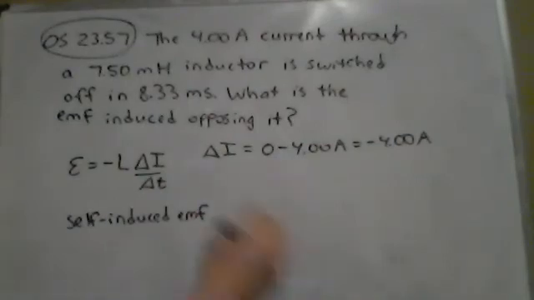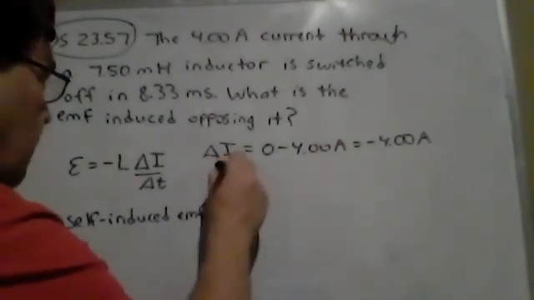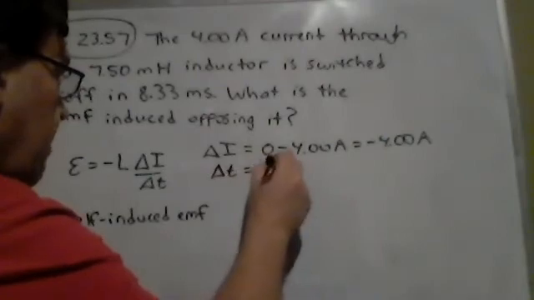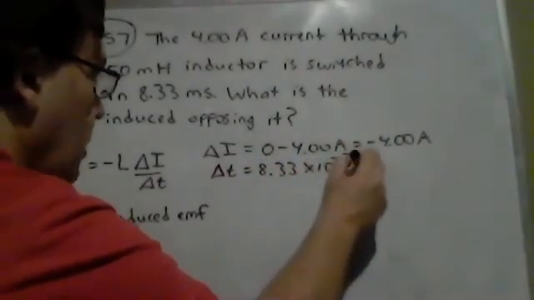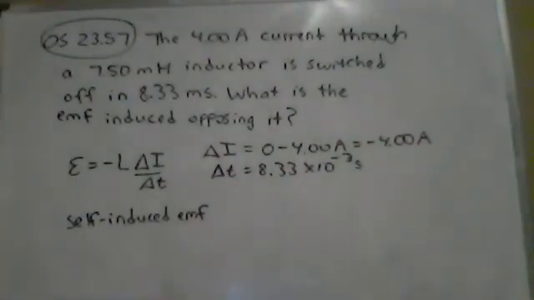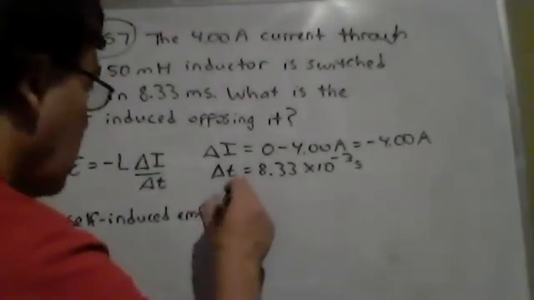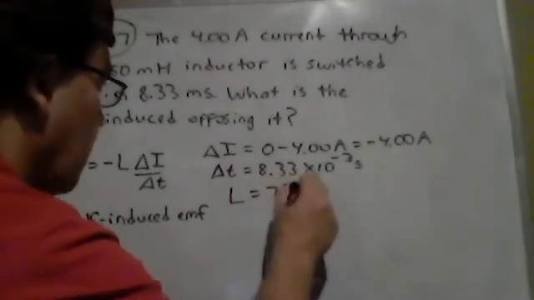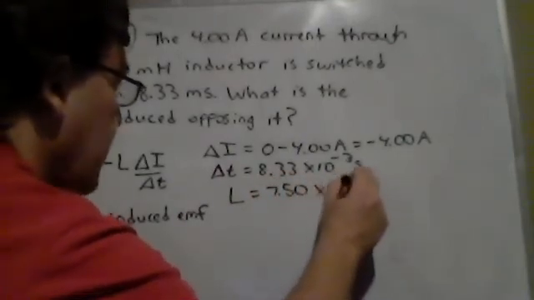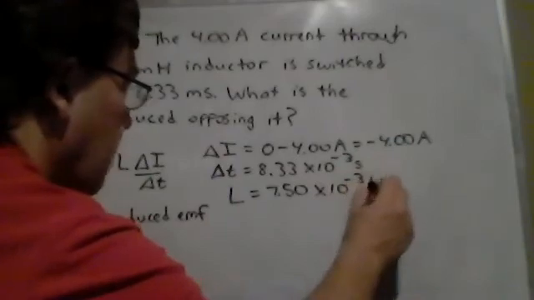Delta T is given to me: 8.33 milliseconds, or 8.33 times 10 to the negative 3 seconds. And the inductor has an inductance of 7.50 times 10 to the negative 3 henries.